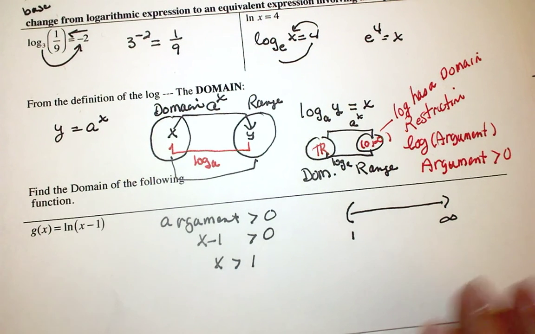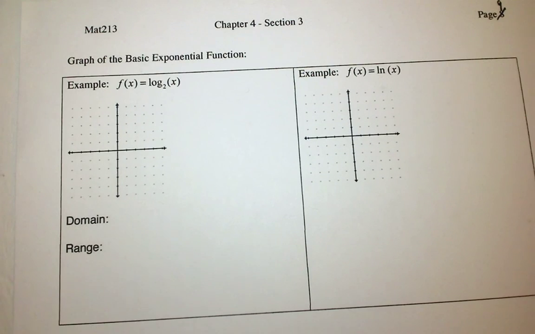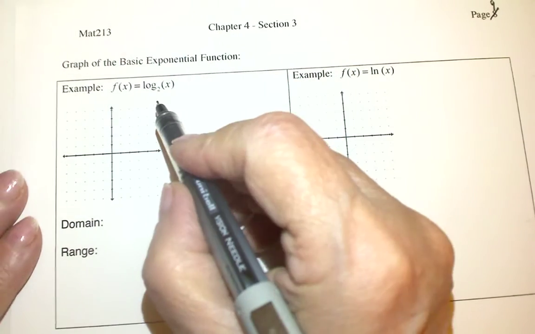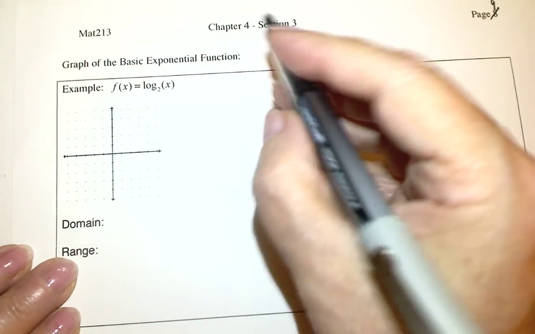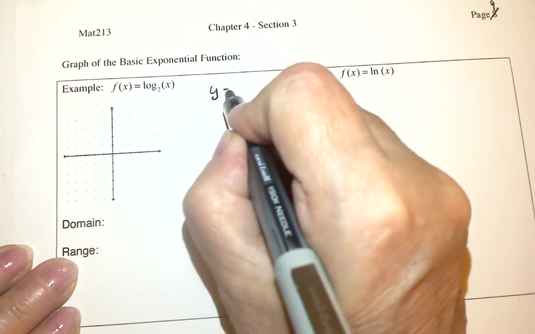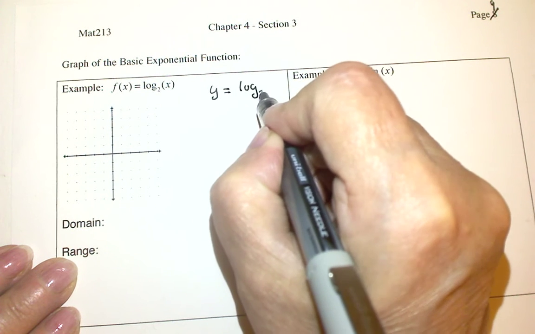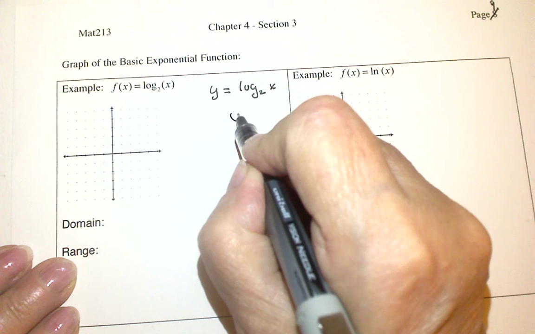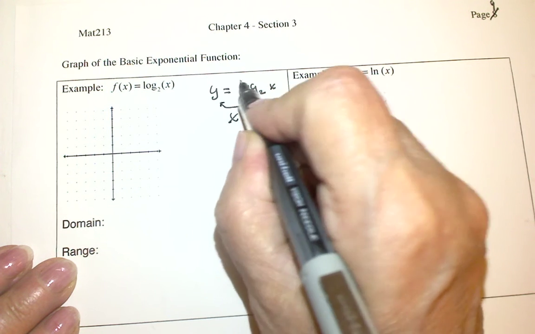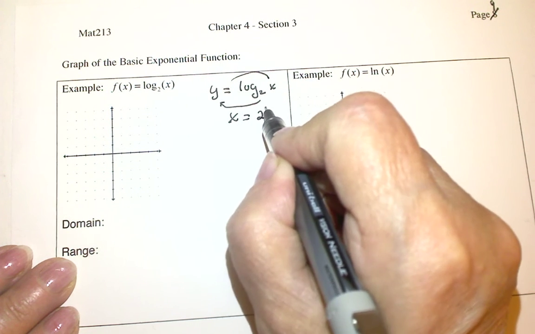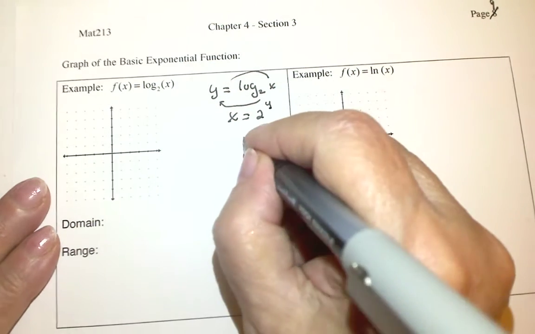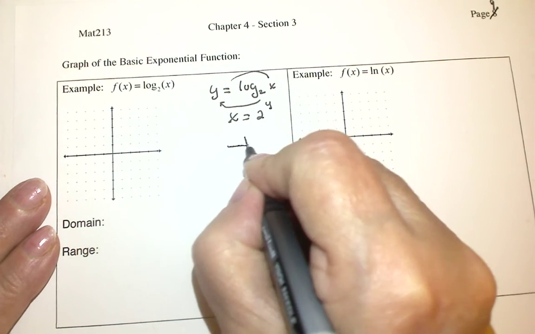Now I'm going to do 2 pages on 1 because this is not a very big page. And how do I graph these? Well, the easiest way to graph this is to rewrite it as x equal to 2 to the y power. What does that mean?